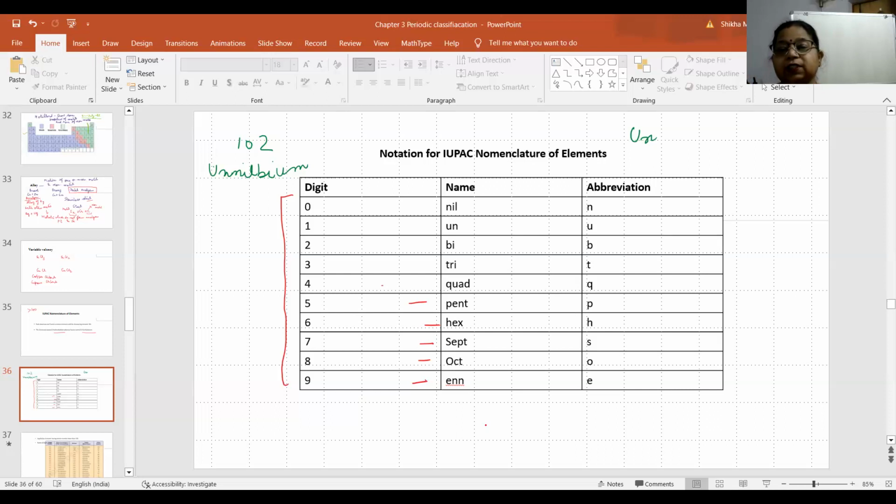And if you notice the abbreviation or the symbols, they have picked the first alphabet of each name. From nil, they picked N, from un, they picked U, and so on. Is it making sense to all of you?